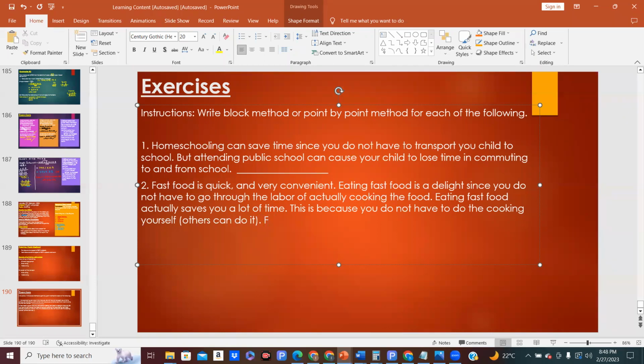Eating fast food, although fast food is quick, typically is unhealthy and in the long run can cause you severe illnesses.